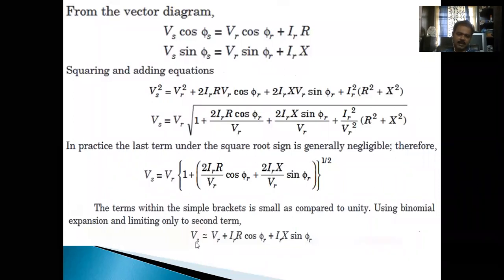So finally the sending end voltage is approximately equal to VR plus IR into R cos phi R plus IR into X into sin phi R. This is the final equation that we have obtained, the sending end voltage in terms of receiving end.